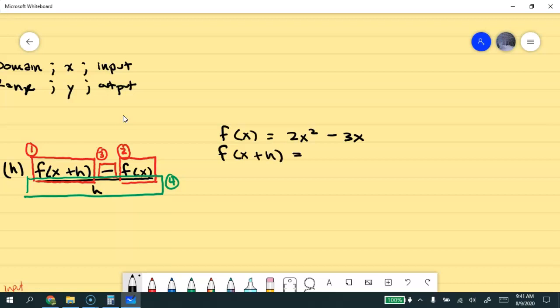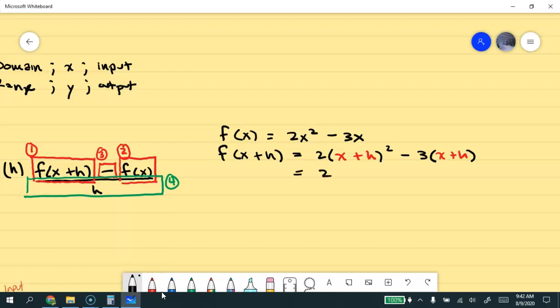All right, so that's going to make it 2 times, I've been doing this for you in color, so x plus h. Takes time, but I really want you to understand this, so I'll take the time and use the colors. So x plus h, like that, all right? Then we can simplify this a little bit.